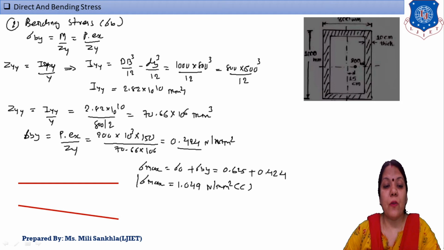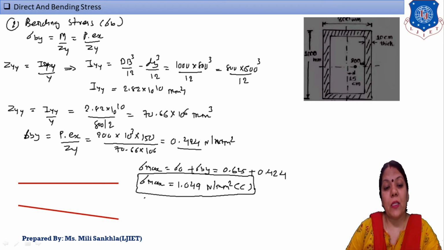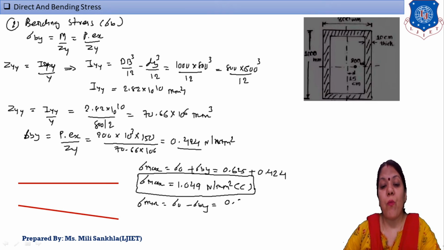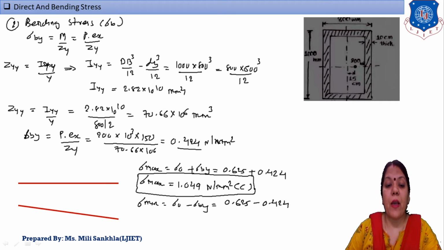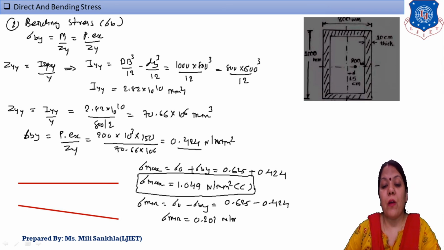Now okay, this is our first value. Now second we find sigma minimum. Right here, sigma minimum is equal to the difference between direct stress and bending stress, which is 0.625 minus 0.424, and my answer for this sigma minimum is 0.201 Newton per mm square.